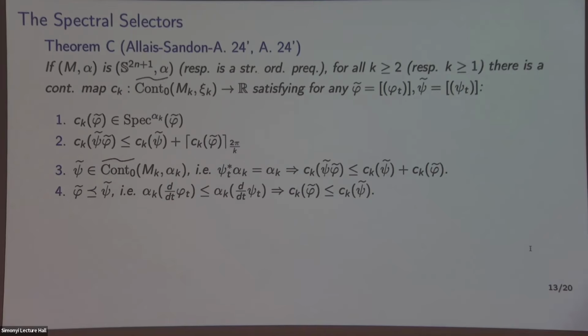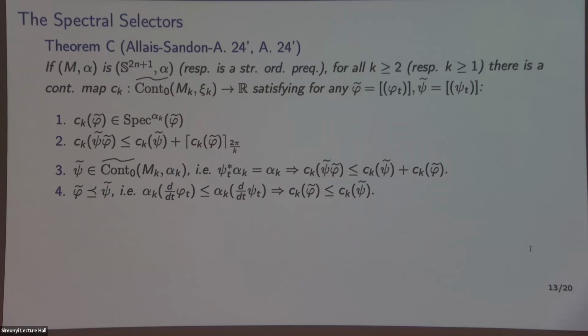It is also compatible with, let's say, this binary relation. For the moment, we don't know that this binary relation is a partial order, but actually it is. You say that phi tilde is less than psi tilde in some sense if you can represent phi tilde by a contact isotopy whose Hamiltonian function is less than the Hamiltonian function of psi tilde.